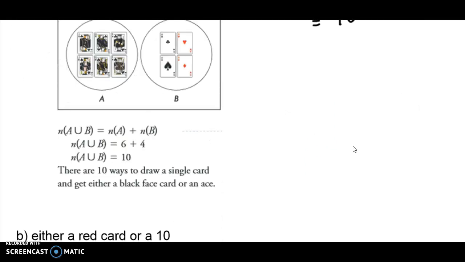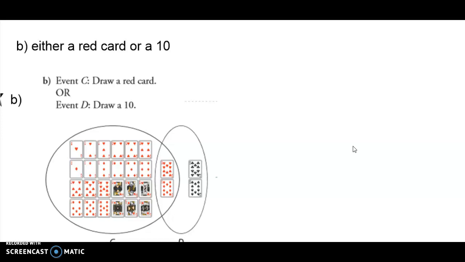The next question we're going to look at is either a red card or a 10. What is the number of possibilities of drawing a single card and getting either a red card or a 10? This question is a little different because some of those red cards will also be a 10 card, and we can see that in the diagram below.